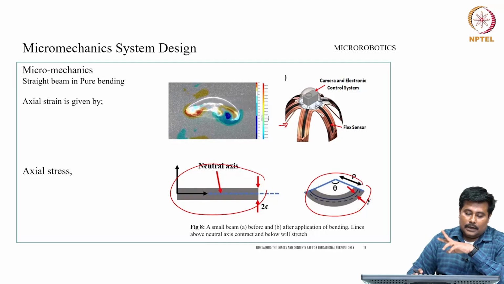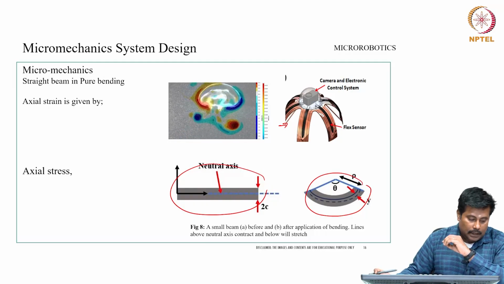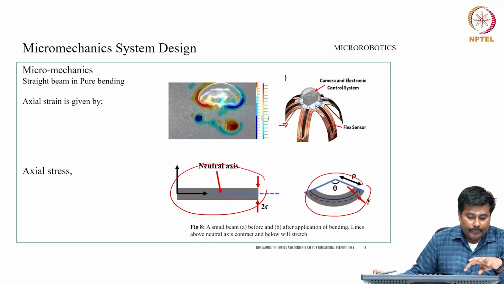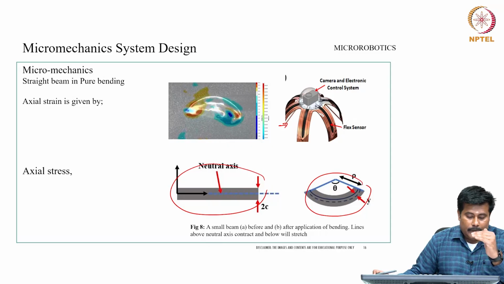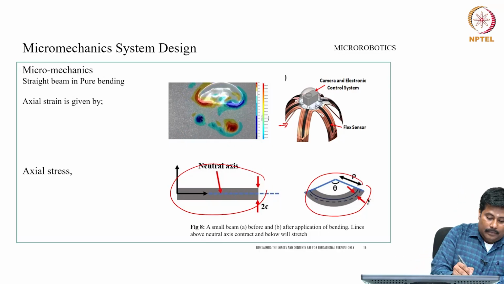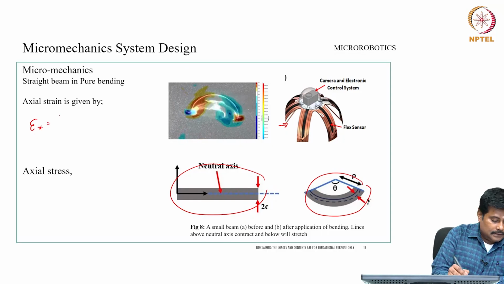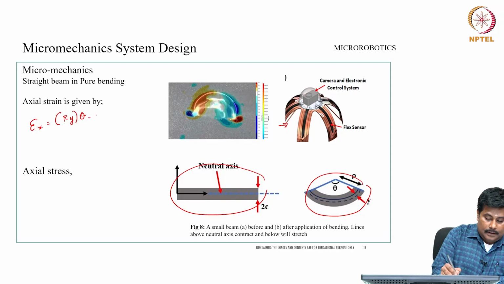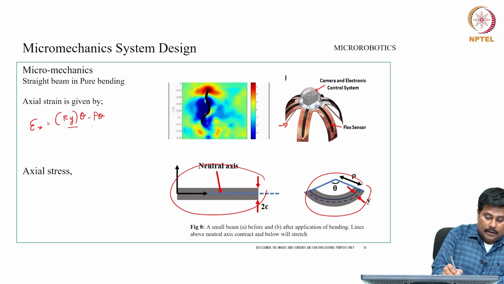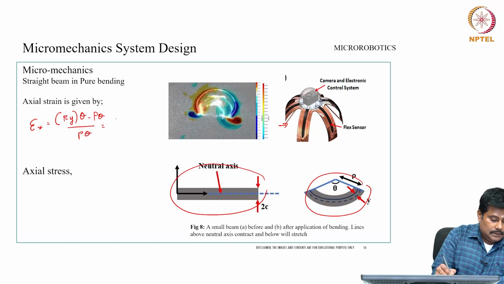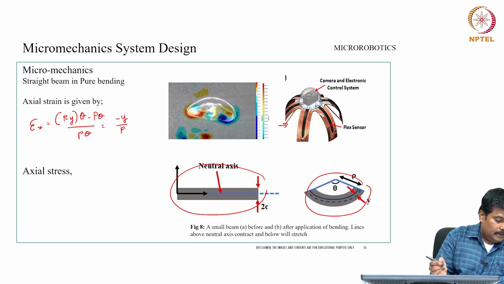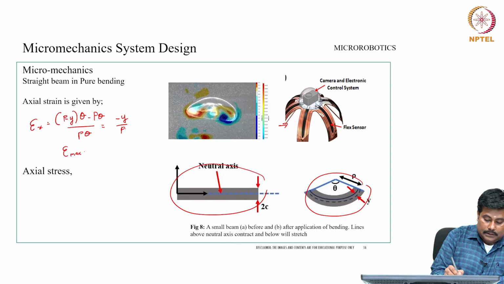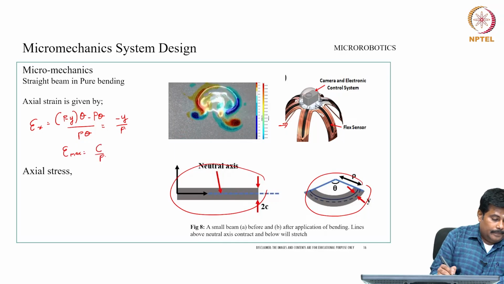When we closely observe, there is a need to understand the axial strain. Let us consider this beam as a pure bending beam. The axial strain in the beam is considered as epsilon x equals (p minus y) theta minus p theta by p theta, which equals minus y by p. So epsilon equals c by p.